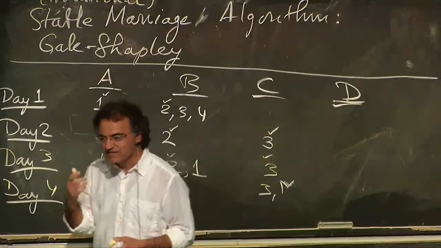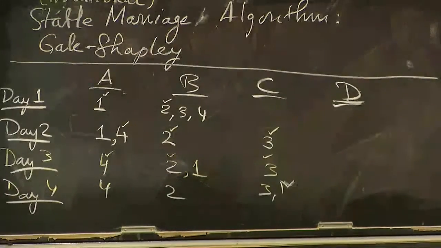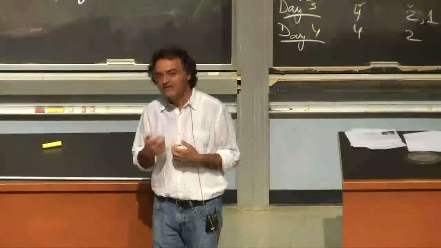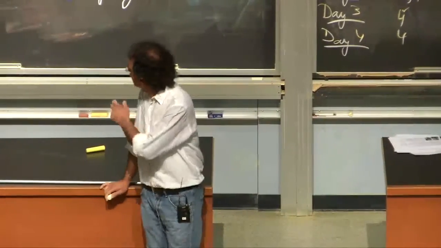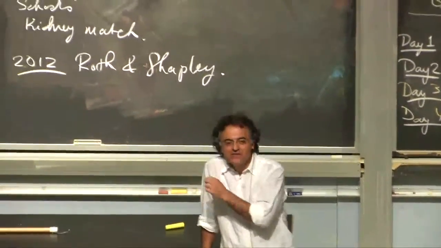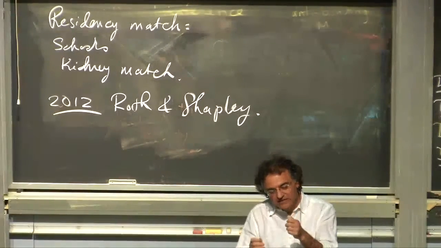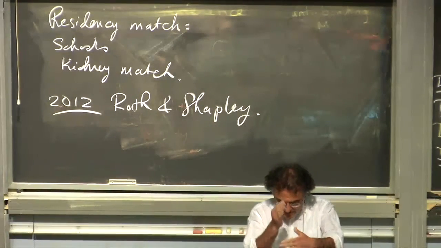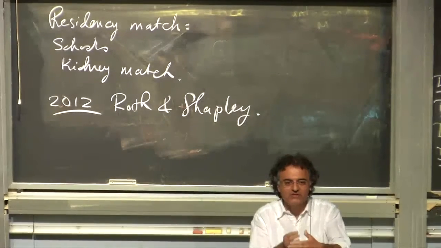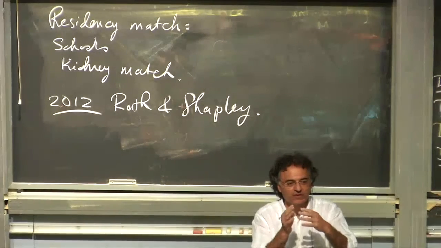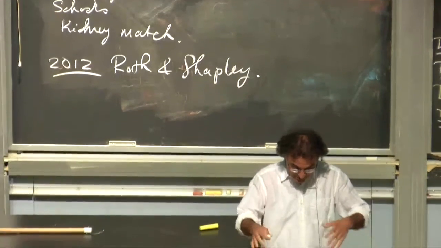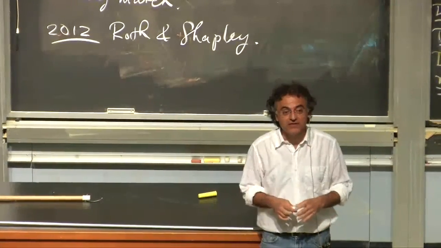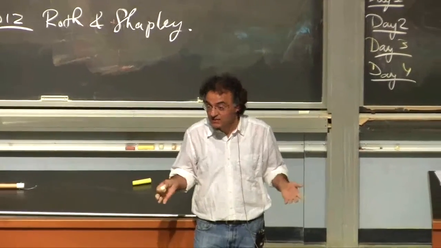Actually, let me say just a little bit about why it's so important. Why is it so important to economists? Well, the reason is that this algorithm is orthogonal to the usual way economists think about distributing goods, which is through markets, free markets.